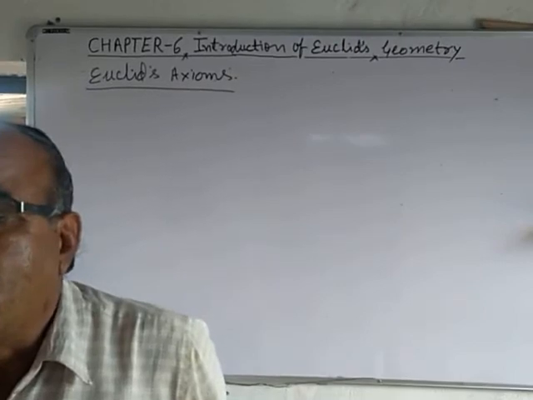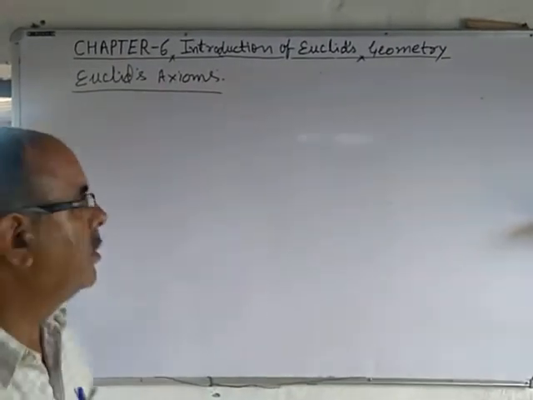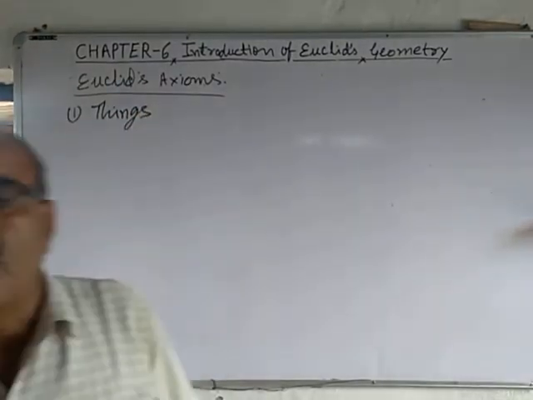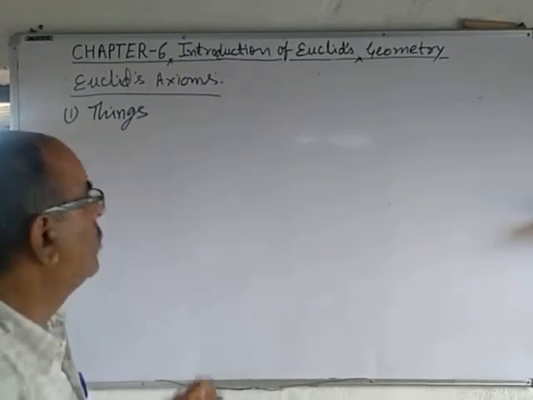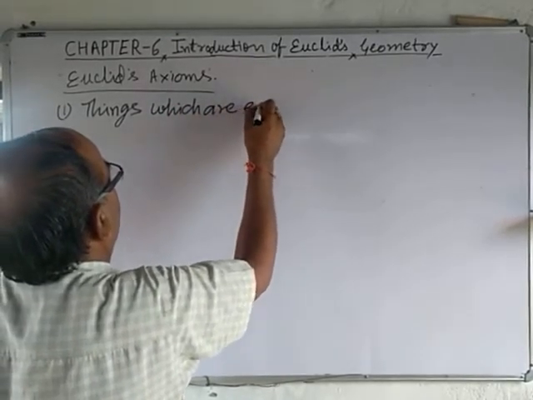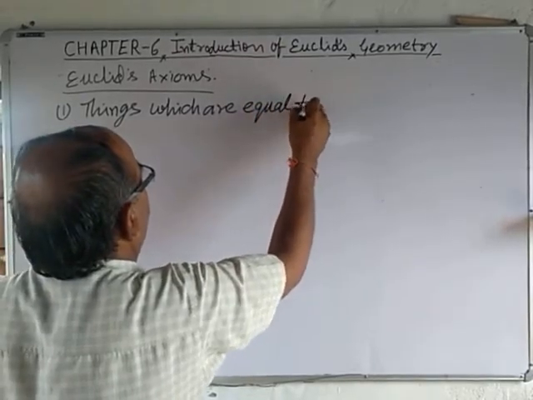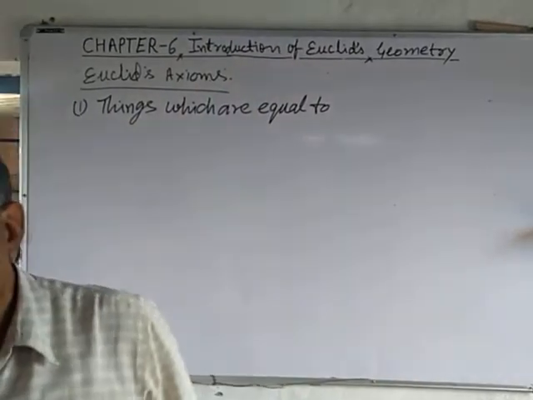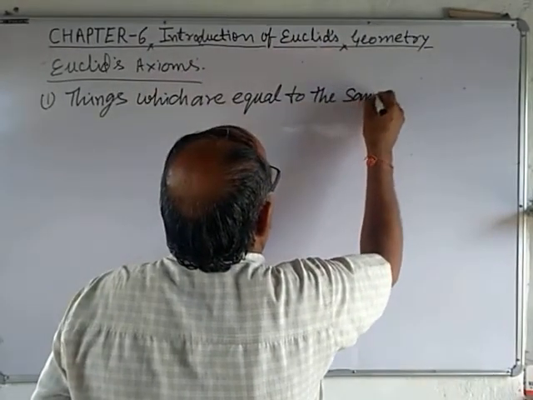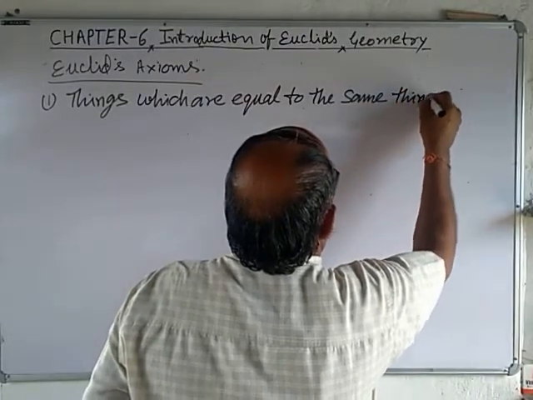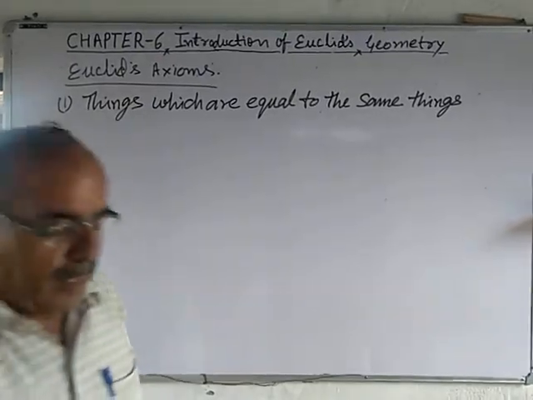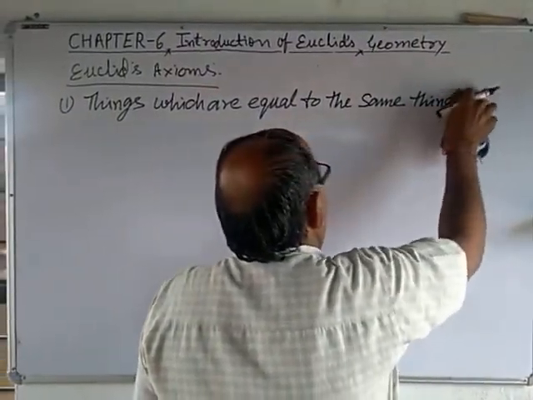First, things which are equal to the same things are equal to one another.